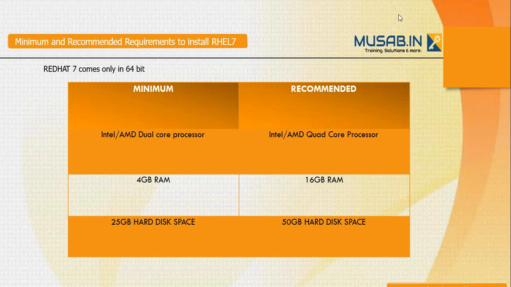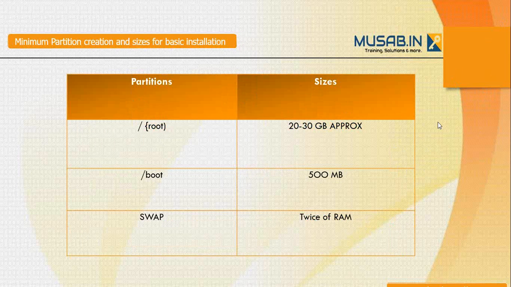But when it comes to Linux, especially Red Hat, we require a minimum of 3 partitions. What are those? These 3 partitions are called slash, slash boot, as well as swap. Basically, this slash is also represented as the root directory.